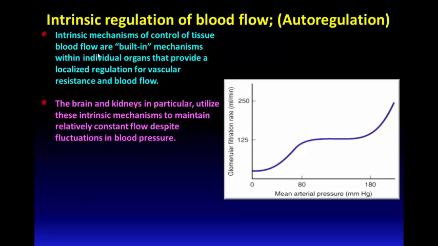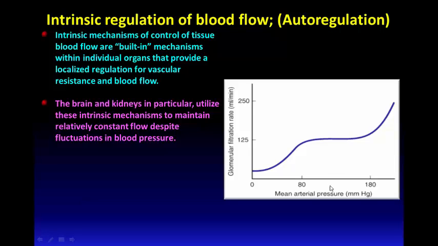The brain and the kidneys in particular utilize these intrinsic regulatory mechanisms in order to maintain relatively constant blood flow despite changes and fluctuations in the mean arterial pressure.